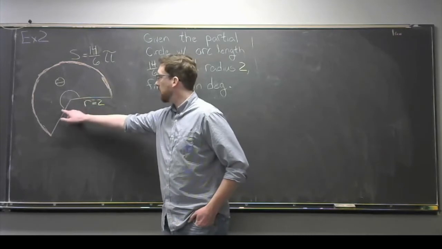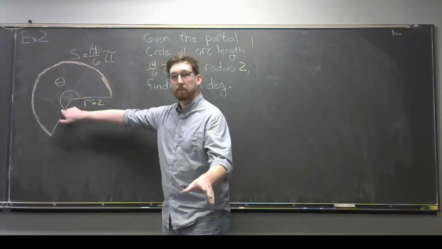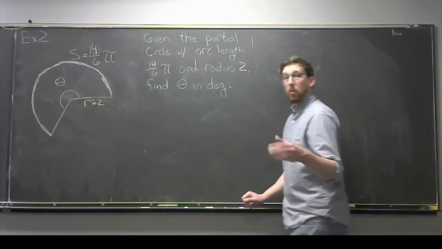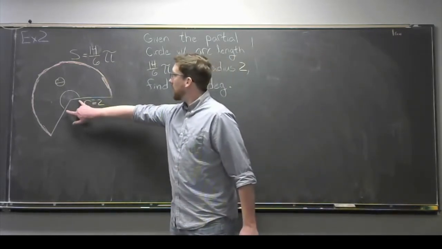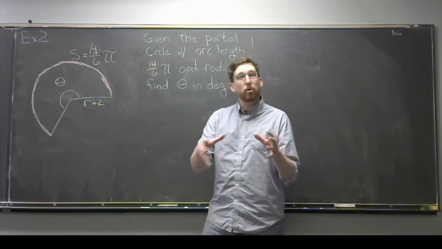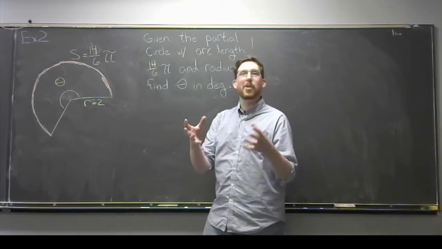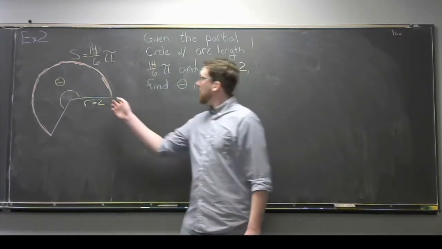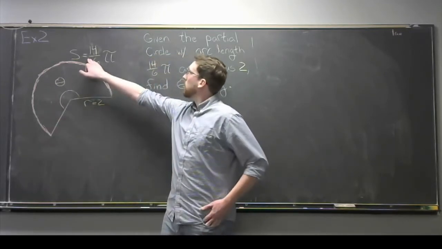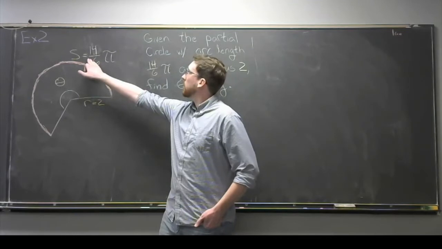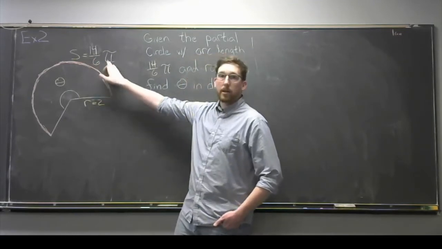We're looking for this angle in degrees. We're given that these two sides sit inside a partial circle with a radius of 2, and the arc length of the partial circle is 14 over 6 times pi.